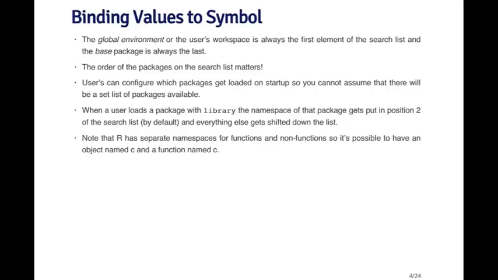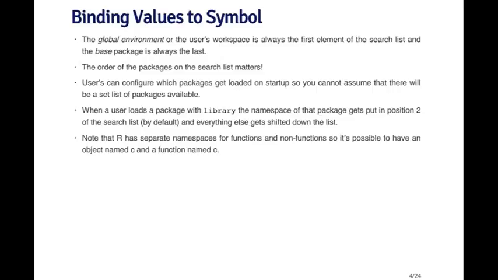When a user loads a package with the library function, the namespace of that package, which is the environment that has all the symbols and all the values for those symbols, gets put in the second position of the search list, right behind the global environment. Everything else just gets pushed down one level.